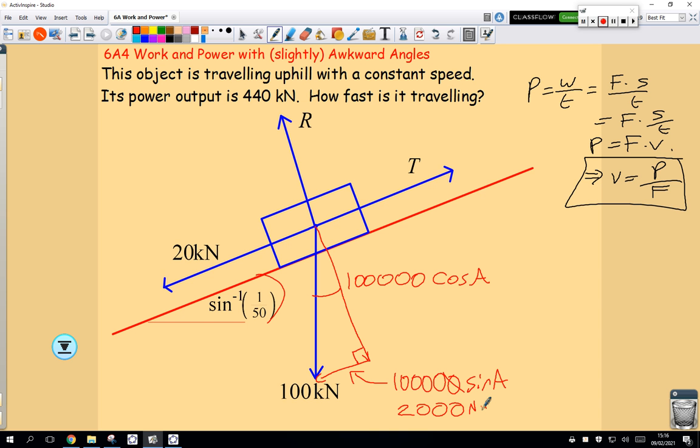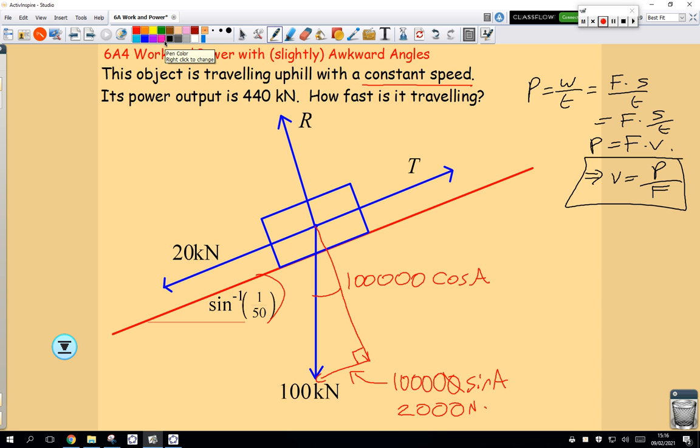One thing to note here is this. It's telling us that the object is traveling with constant speed. That means the forces in any direction, opposite forces I should say, must be equal in magnitude.